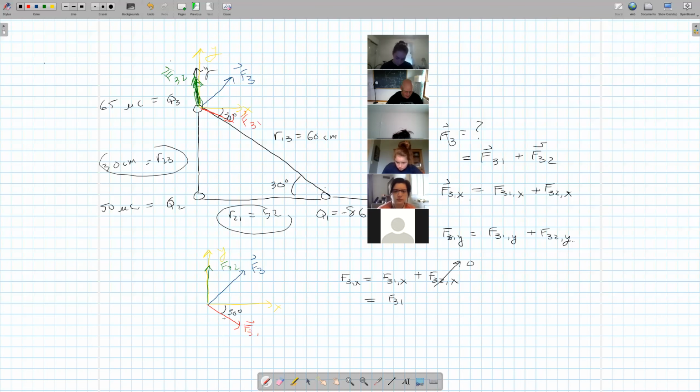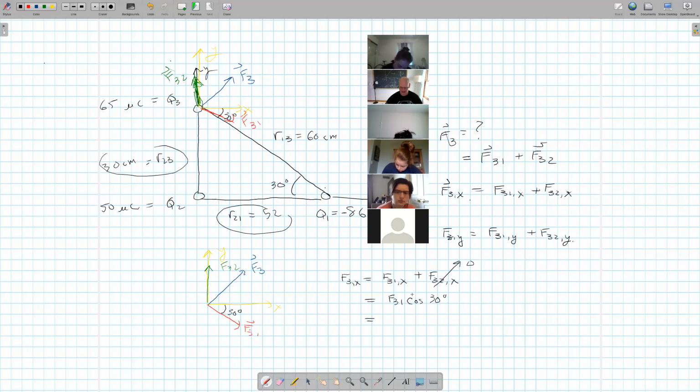According to this angle, to get the x component, do I want to take the cosine portion or the sine portion? What do you think? Cosine, good. So this is going to be cosine of 30 degrees, right?